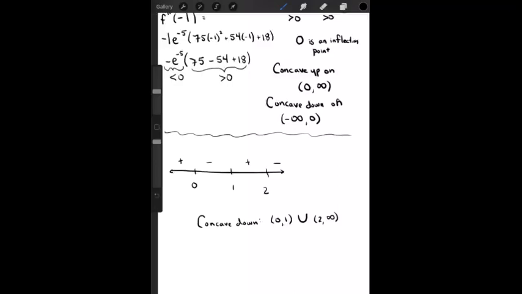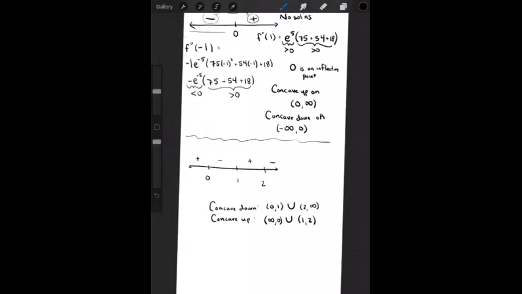And then concave up is going to be negative infinity to 0, unioned or added with 1 to 2. Right? And the other thing that's sort of different about this guy, right?